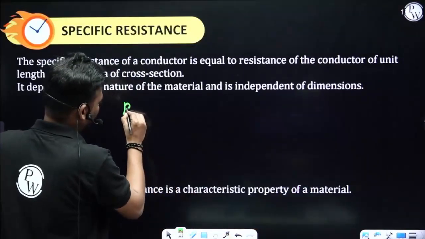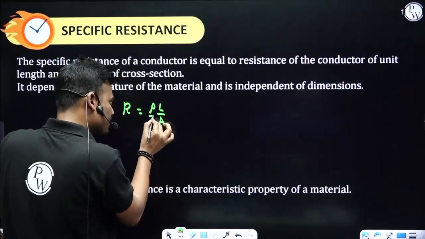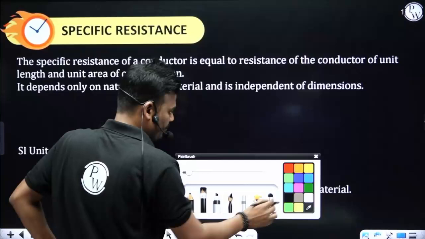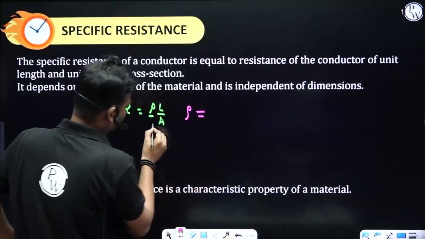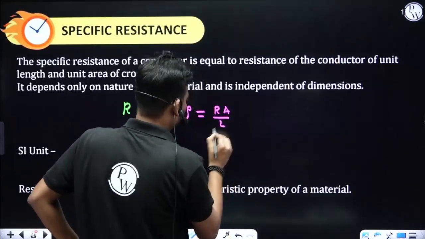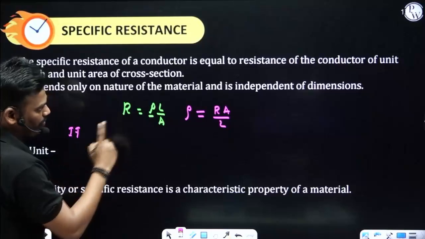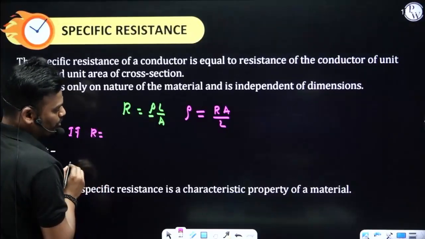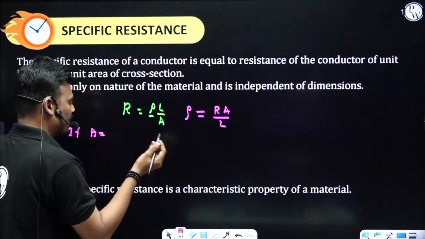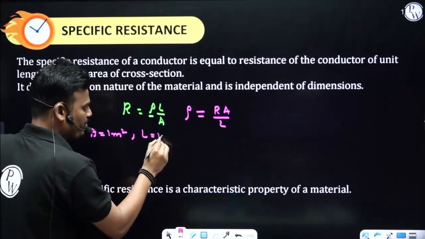By the general formula, R equals rho L divided by A, I need this resistivity or specific resistance. If I rearrange this equation by cross multiplying, rho equals R into A divided by L. Now if I substitute A as the area of cross section, 1 meter square, and length as 1 meter.